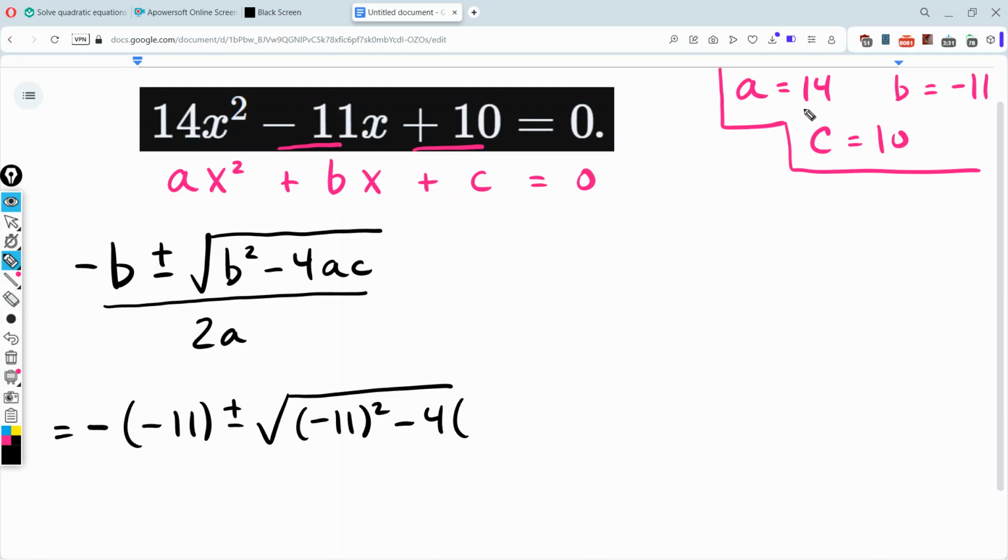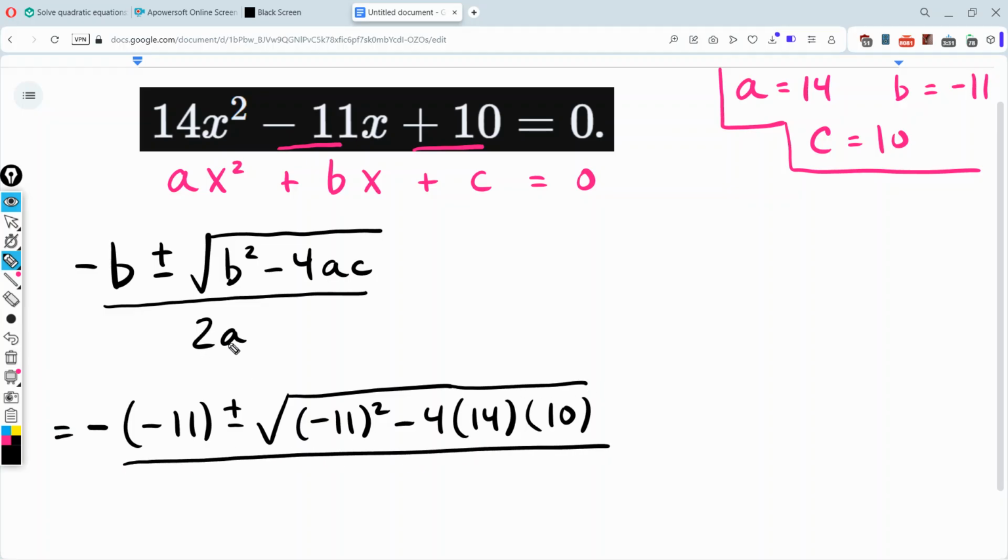Minus 4 times a, which is 14, times c, which is 10. And that whole thing is divided by 2 times a, so it's 2 times 14.